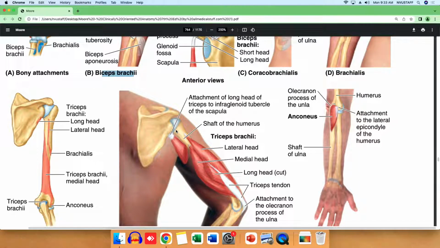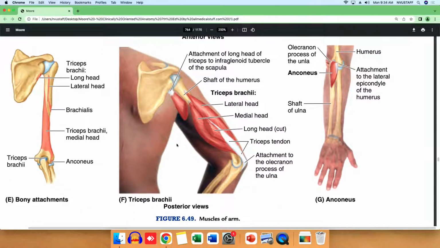Okay, so here we can see that these two muscles are simply antagonistic to each other by both the attachments and, as a result, by the actions, the movements that they are producing.